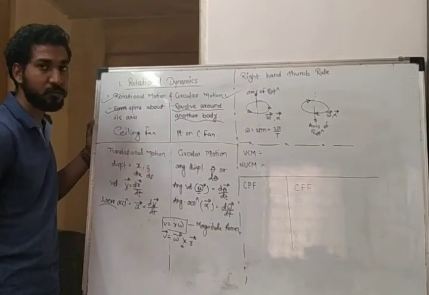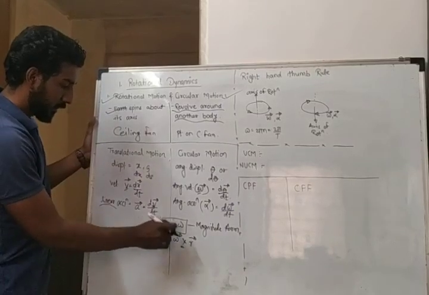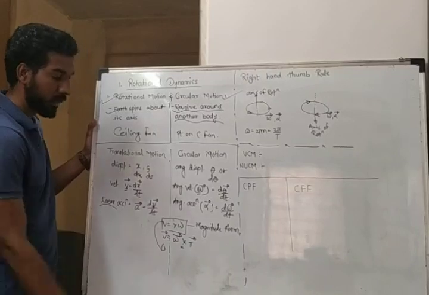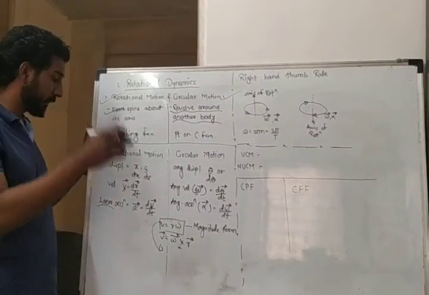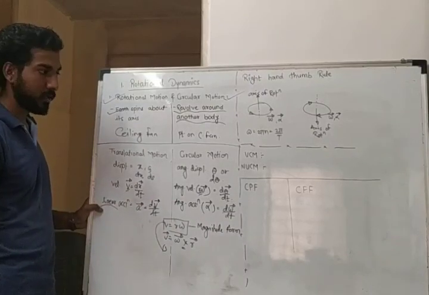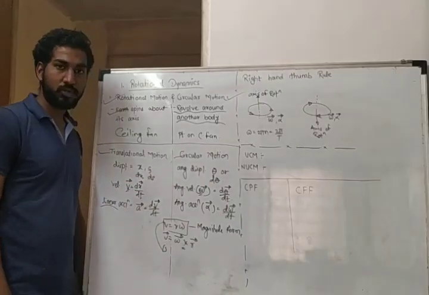This is a cross product of both the things. There is another formula with respect to linear acceleration and angular acceleration, right? So this is all about translation and circular motion.